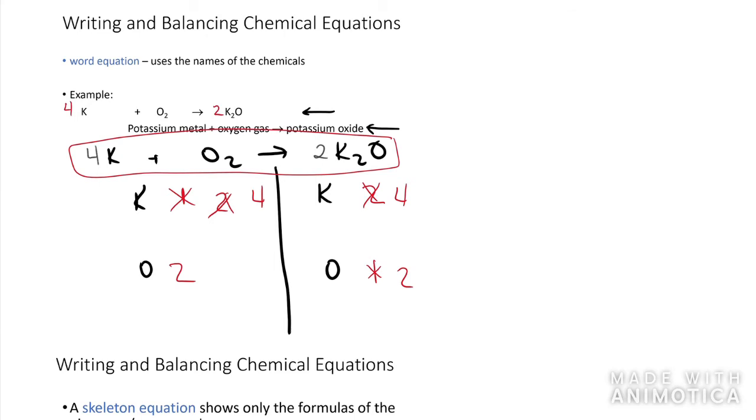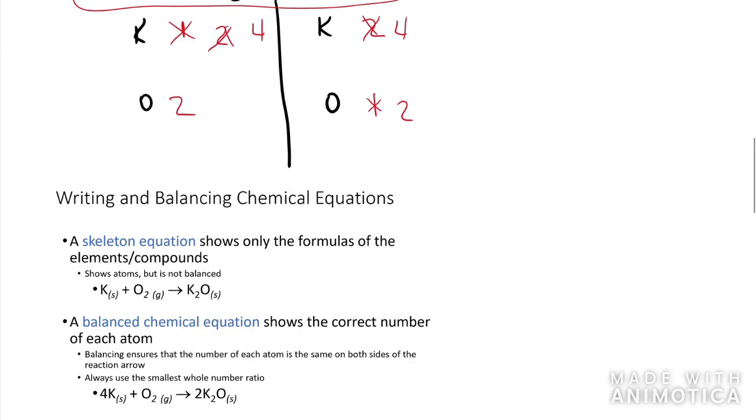And remember, even though I didn't write anything for oxygen, I would still give you a mark because leaving this blank is telling me that you think that that number is a 1. So even leaving something blank will still either gain you a mark or cost you a mark depending if it's right.